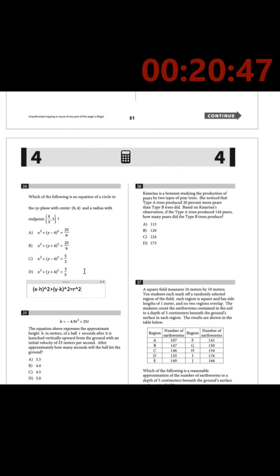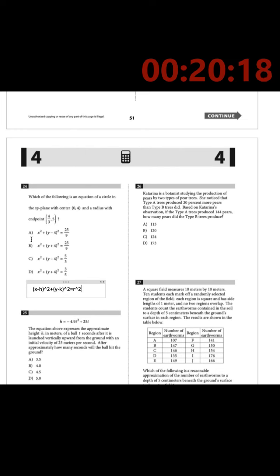Since the coordinates of the center are (0, 4), the equation of the circle would be x squared plus (y minus 4) squared equals r squared. Therefore, it must be either C or A.